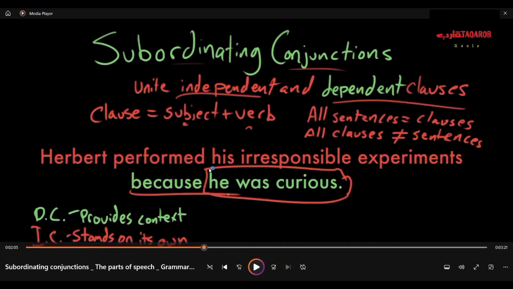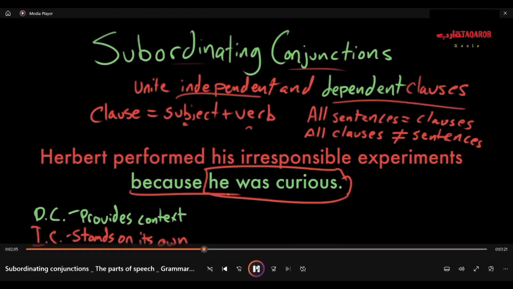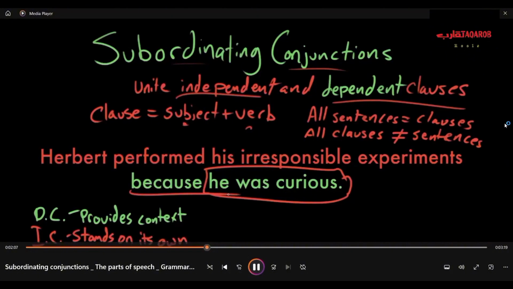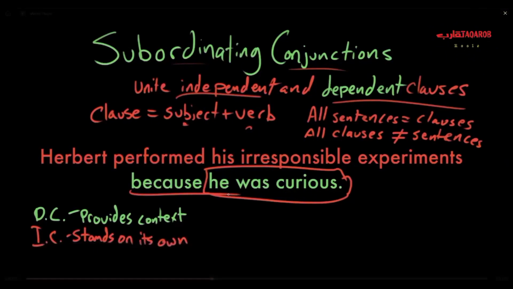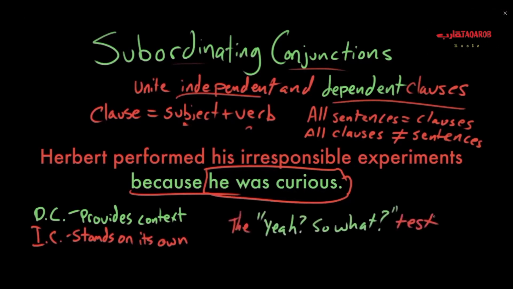But with the subordinating conjunction, it needs more information, more explanation. Because he was curious what? If a clause causes you to ask, yeah, so what? Then it's probably a dependent clause. Write that down. A dependent clause should cause you to ask, yeah, so what?